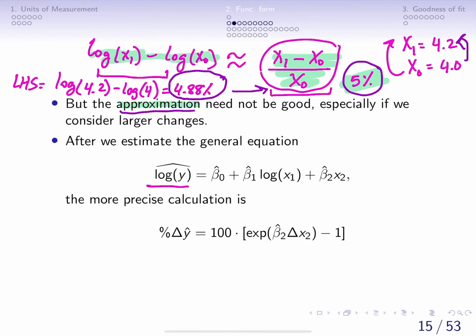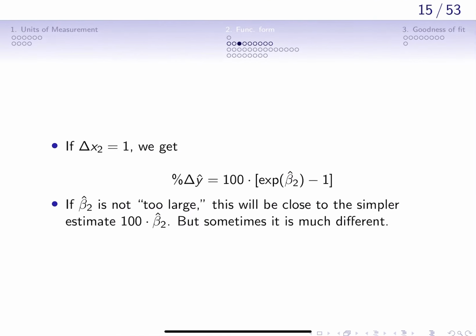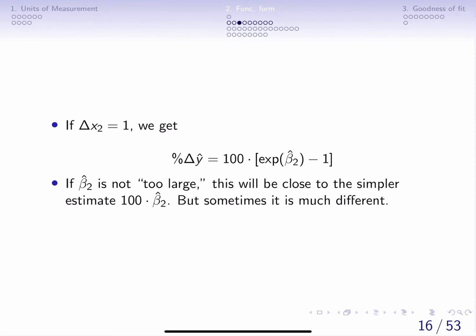Logs are used a lot, like we just saw in the home prices example, but a more precise calculation of the percentage change in y based on a change in x is given by this formula right here. And we'll take a look at how this formula is to be used. This formula can be further simplified if we were interested in just looking at the effect of changing median rooms by 1.